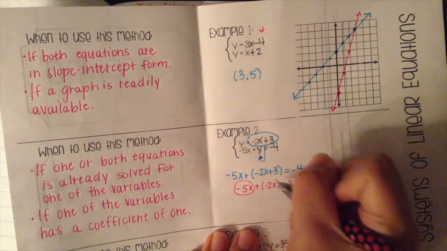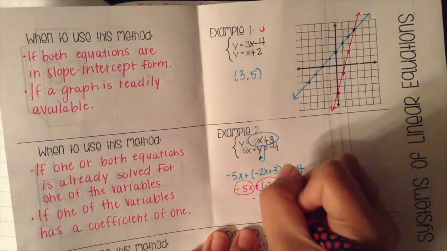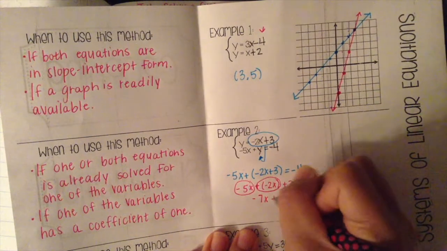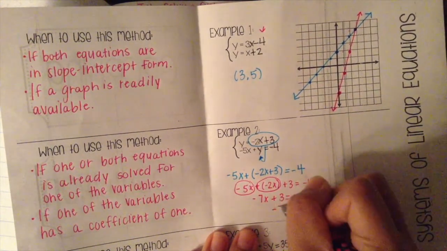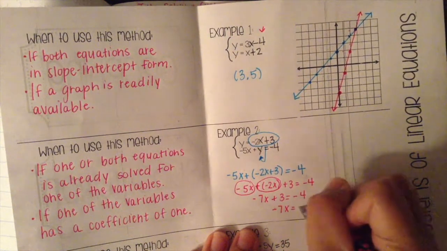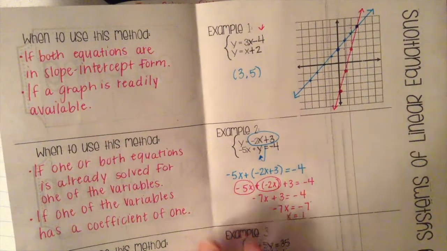Combine like terms on one side. -5x plus -2x, they're the same sign, so I'm going to add. Plus 3 equals -4. I subtract 3 from both sides, and I get -7x equals -7, and then x equals +1.